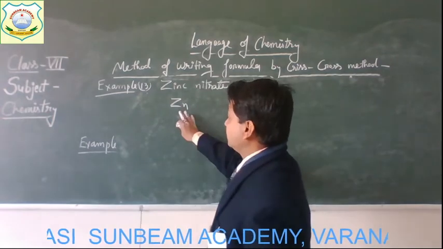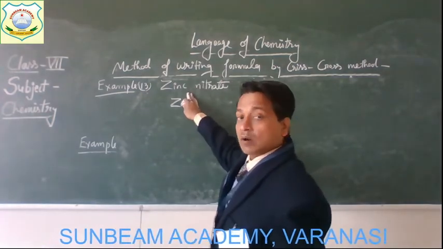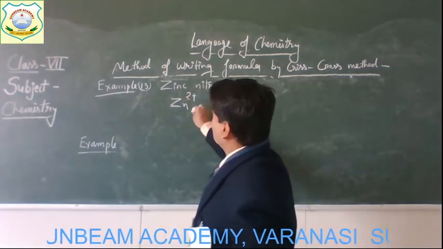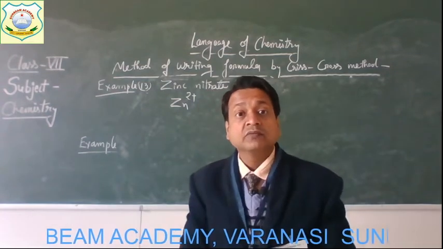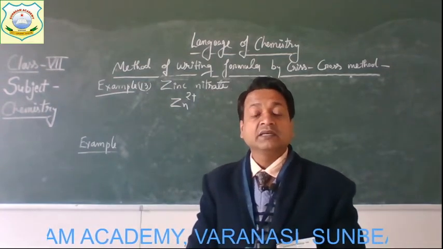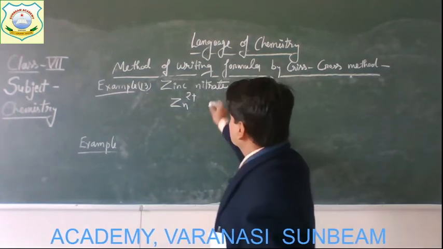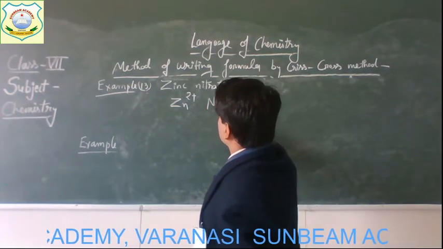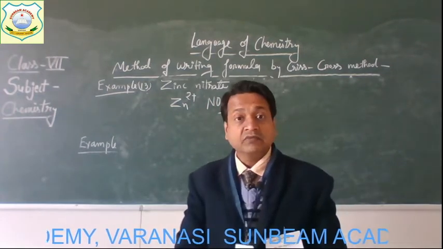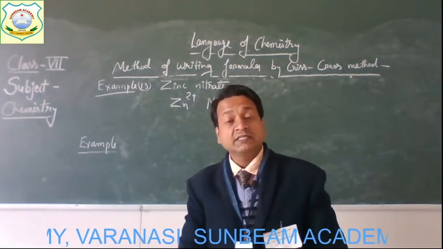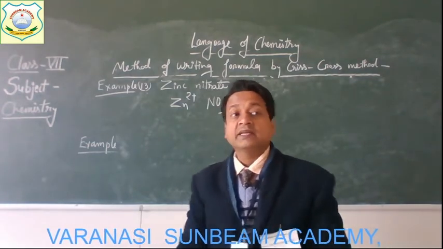So we'll write the valency of zinc at the top. Now the formula of nitrate is NO3 and the valency we will write at the top. So the valency of nitrate is -1.